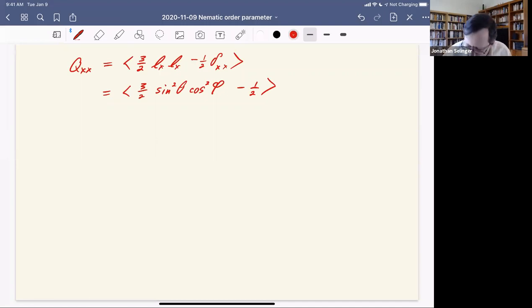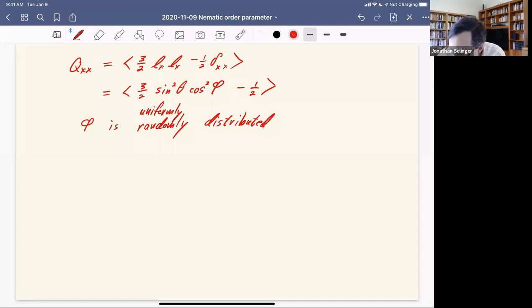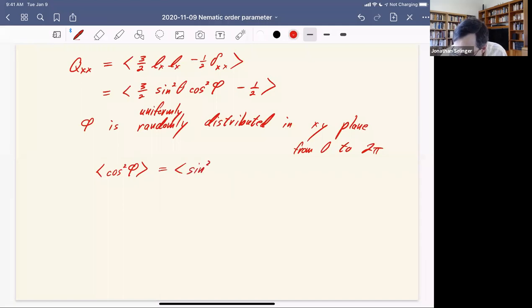We'll say phi is uniformly distributed in the xy plane from 0 to 2 pi. In that case, the average of cosine squared phi and the average of sine squared phi are both equal to a half.